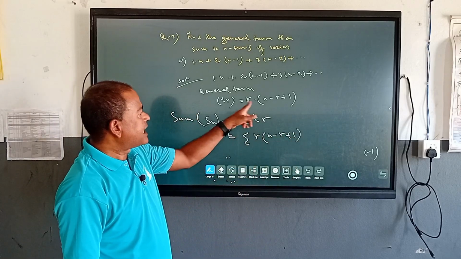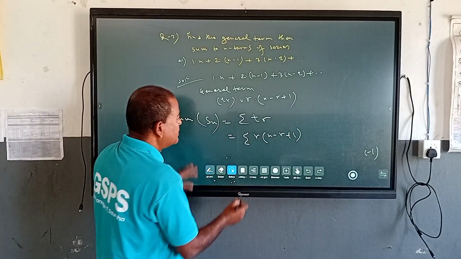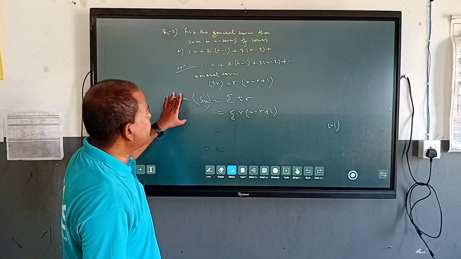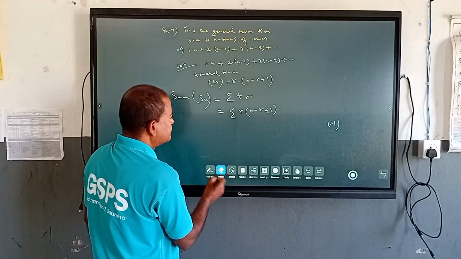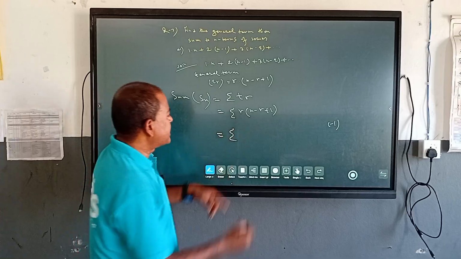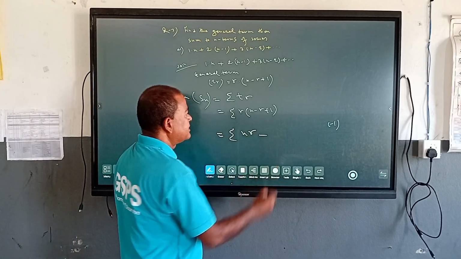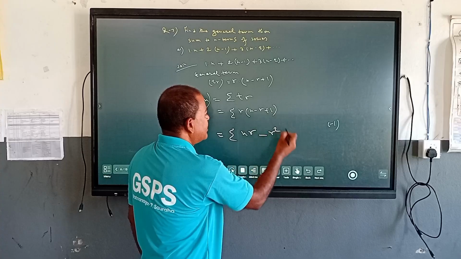So tr means r times n minus r plus 1. Dear students, let's do the calculation now. Summation n times r, let's open the bracket: r times r is r square, r times 1 we get r.